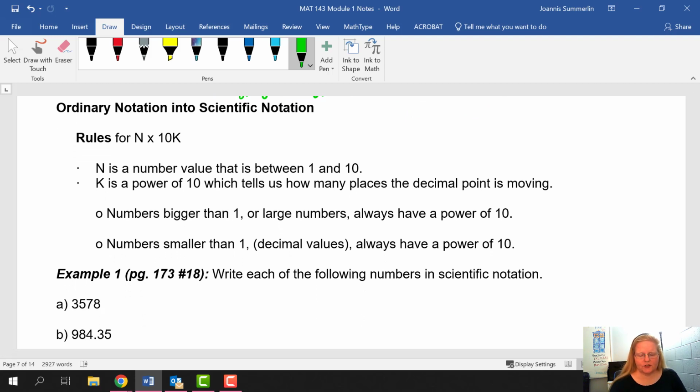Scientific notation started because scientists got really tired of writing a whole bunch of numbers to represent a really tiny number, or a whole lot of numbers to represent a really large number, when they really didn't need all those numbers. So they came up with scientific notation, where everything was rounded off into tens.